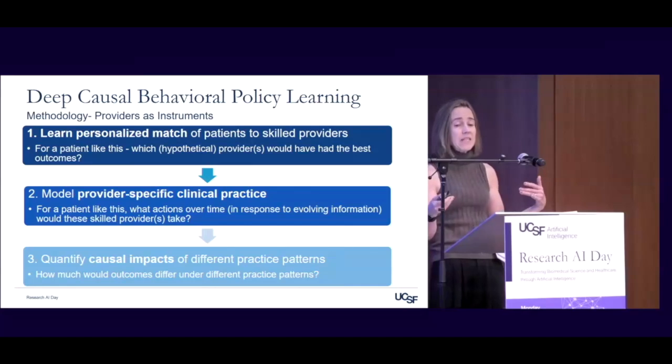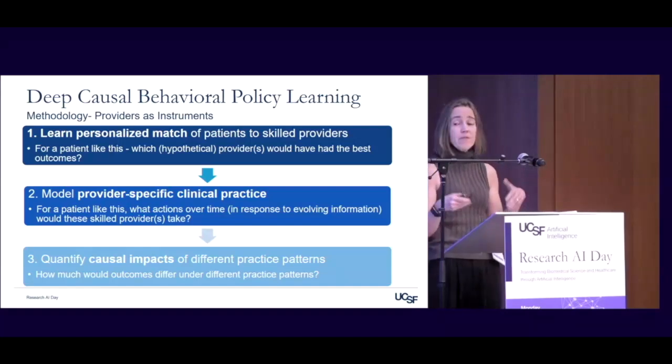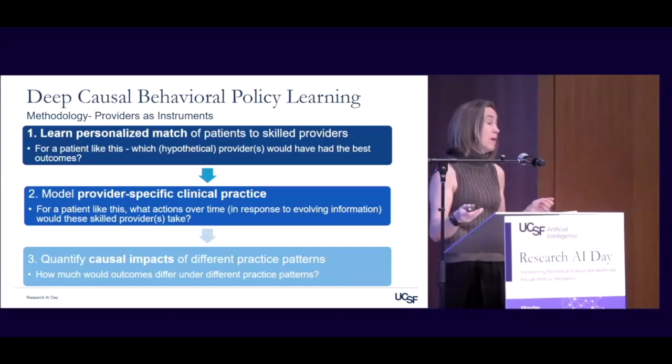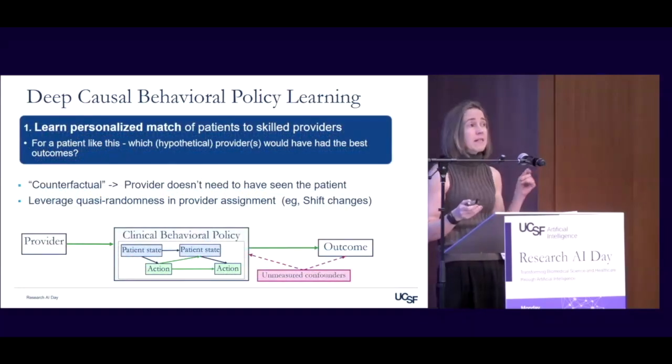So next, we move to asking for a patient like this, which actions or action policies over time would these skilled providers have provided to this patient? And then third, we quantify the causal impacts of these different practice patterns. So how much would outcomes have differed under some of these different policies or ways of delivering care? So I'll just take a minute and say a few words about each of these steps.